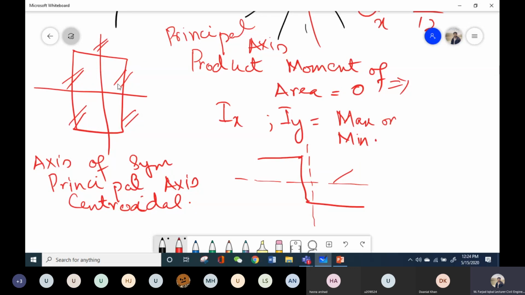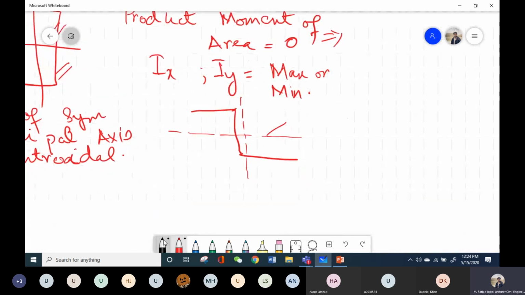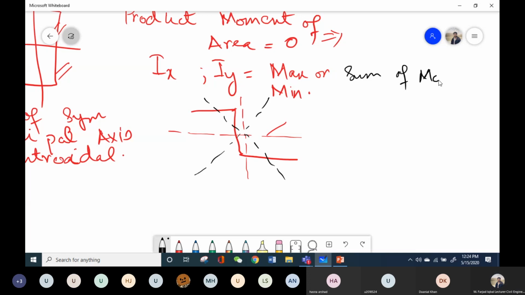If I take the moment of all these areas separately, and the product moment of area is the summation of the moments of all the areas, then this summation will automatically turn out to be 0 in the case of a symmetrical section. But in the case of an unsymmetrical section, there will be some axis, which can be an inclined axis, around which the sum of the moments of area will turn out to be 0.